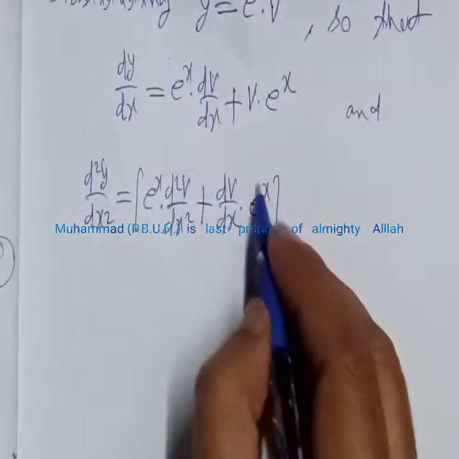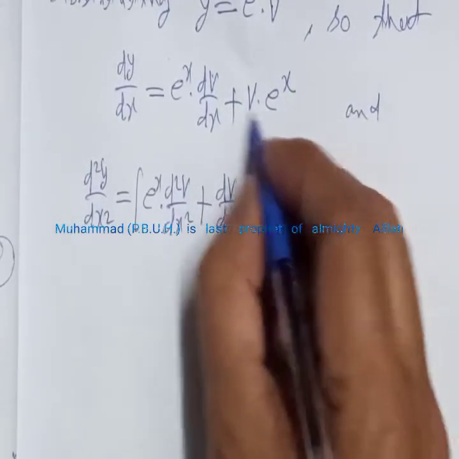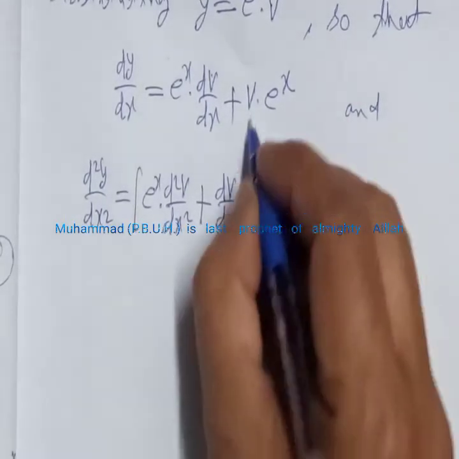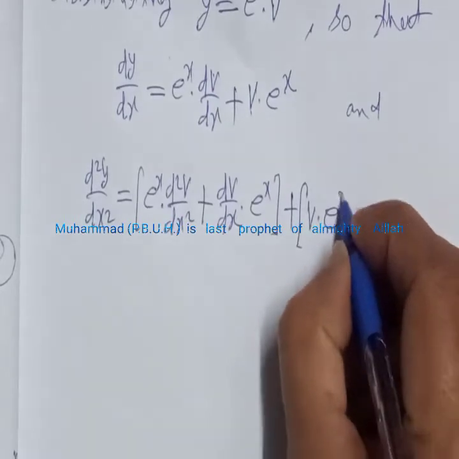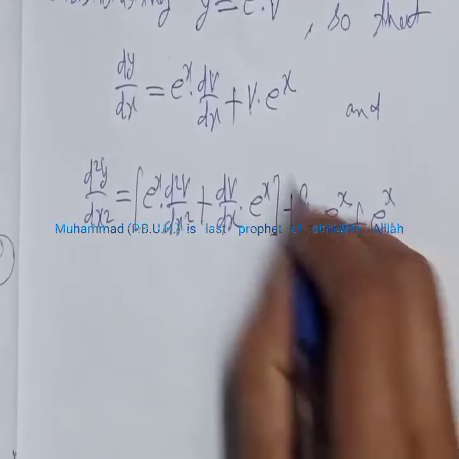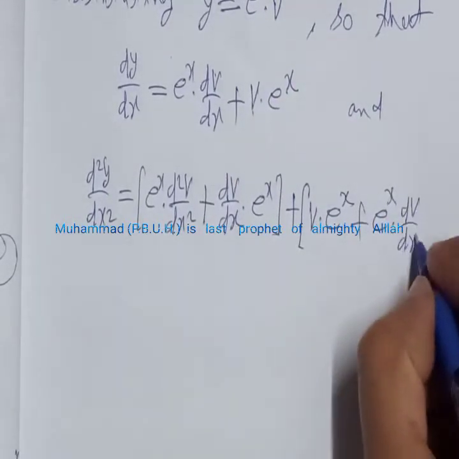Differentiation of e to the power x equals e to the power x. Also here there are two functions, and we apply the same formula. First function as it is times the differentiation of second, which is e to the power x, plus second function times the differentiation of first, dv over dx.